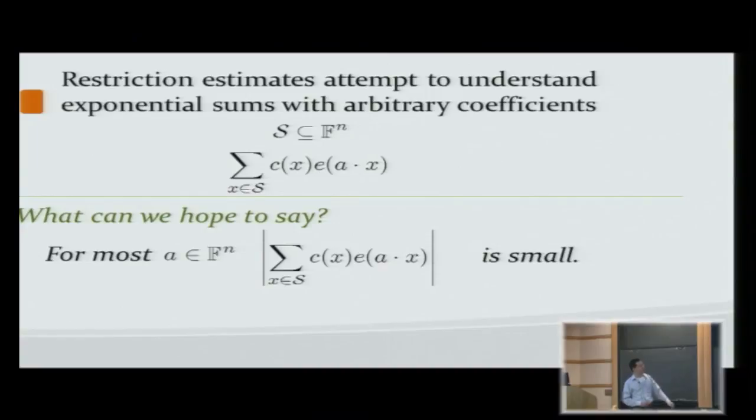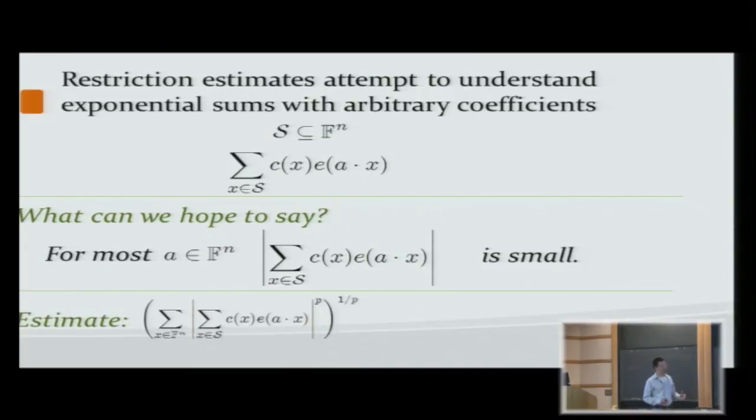Right. And I would like to say that this is small for most values of A in some quantitative sense. Obviously, there needs to be some dependence on C, because if I make C be billions, this quantity is going to get really big. But conditioned on the coefficients being somewhat reasonable, I would like to say that this is small. Roughly speaking, the way we're going to quantify that is to take an L^p norm of this exponential sum.